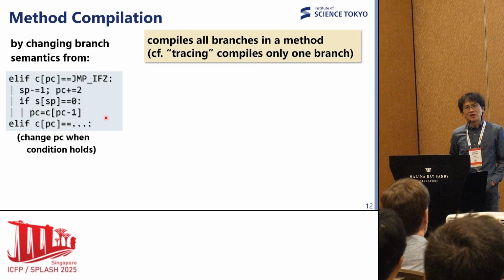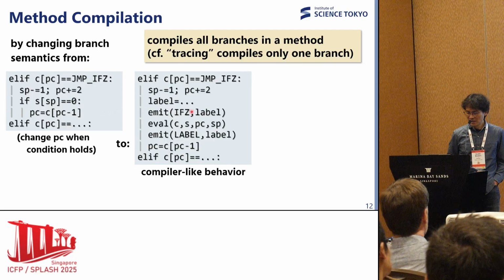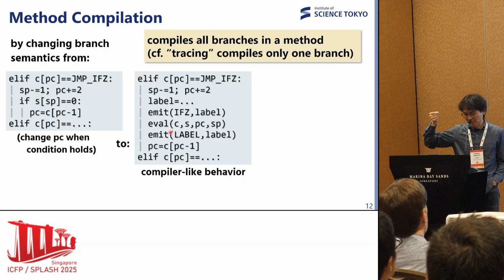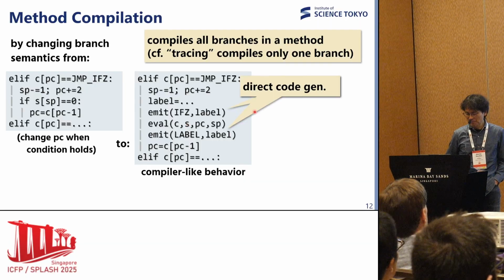If we change this semantics this way, we first emit the if instruction, and then recursively call the interpreter from the next instruction. That means we use a trick to generate the code directly.